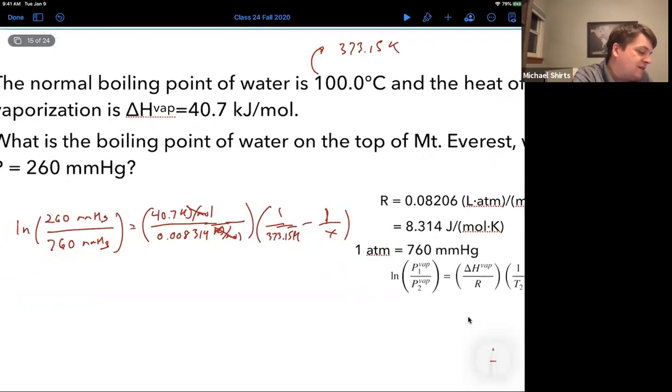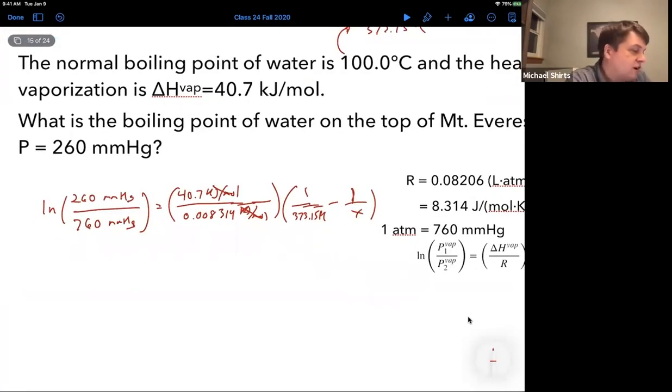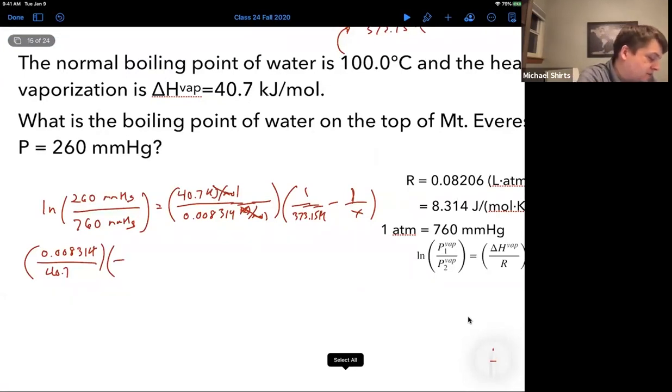The algebra is sort of annoying, but it is just straightforward algebra. We take this side and multiply by 0.008314 divided by 40.7. We already canceled out the kilojoules per mole. The log of these two numbers is minus 1.0726, and that is equal to 1 over 373.15 K minus 1 over T1.